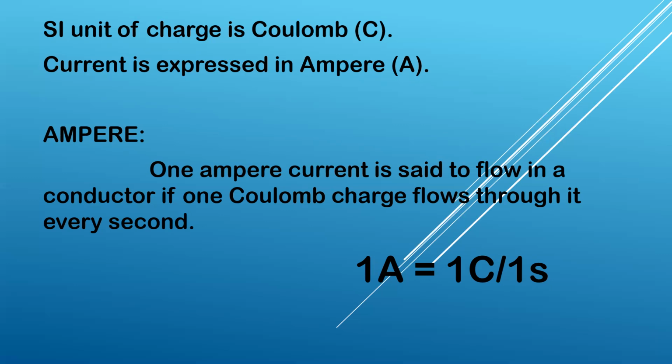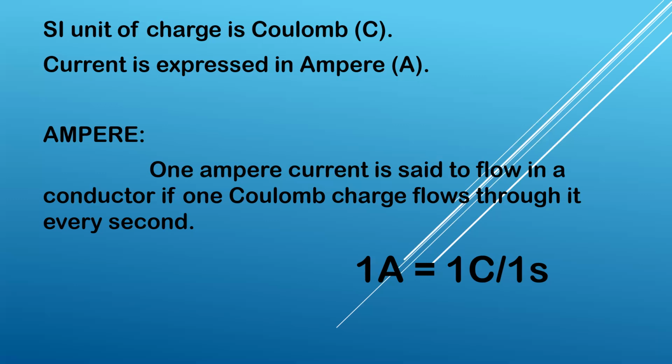And I said that conductor means wire. The wire which we are using in a house, it contains copper. So how much charge is passing through that wire in 1 minute, in 1 second, in 1 hour is called as a current.